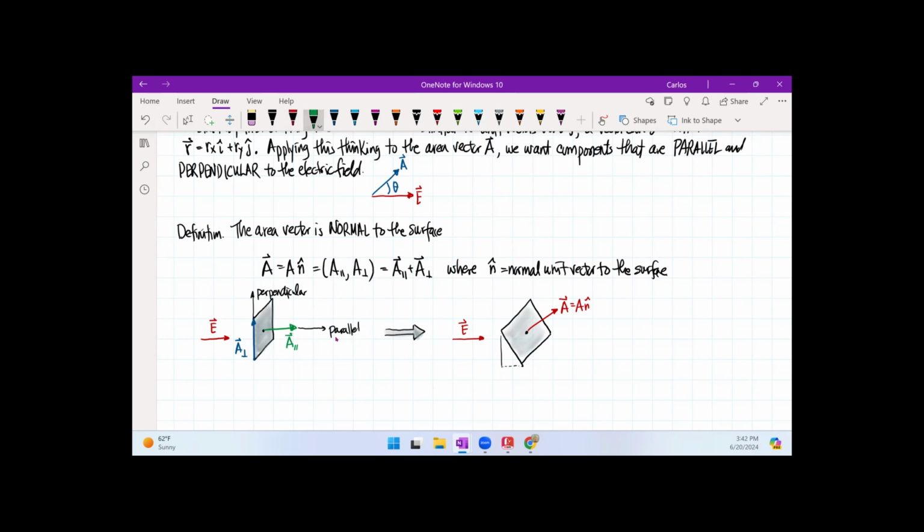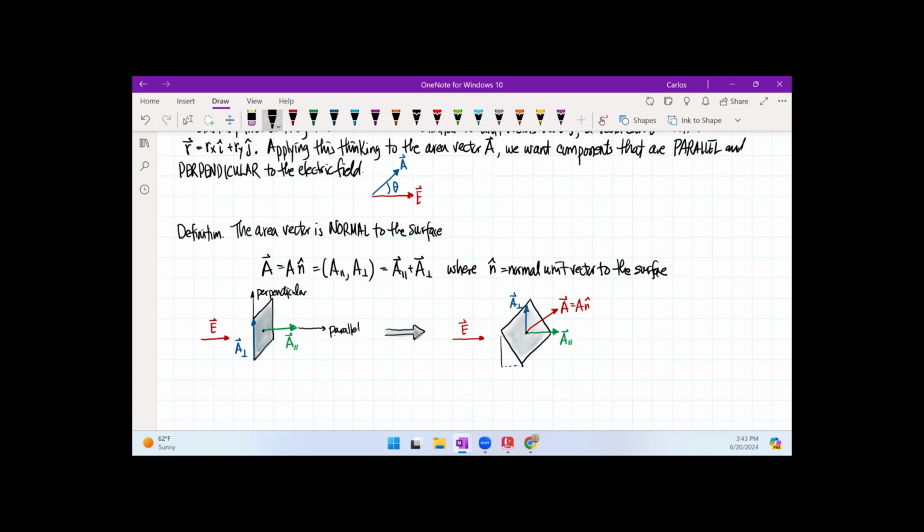But now I can decompose this vector by calling this the A parallel axis, and calling this guy the A perpendicular vector.